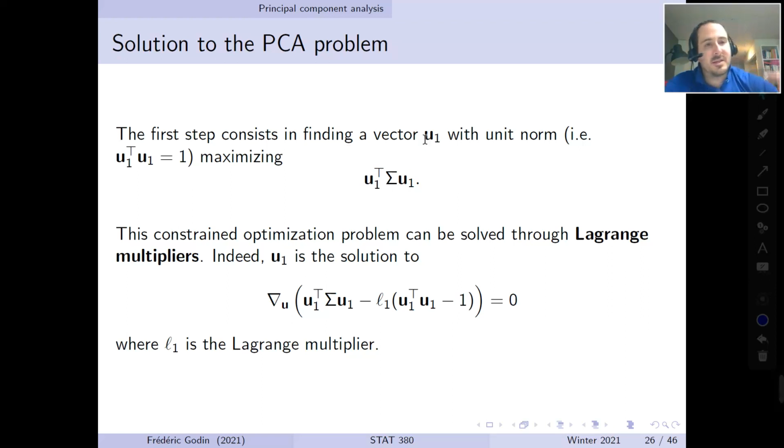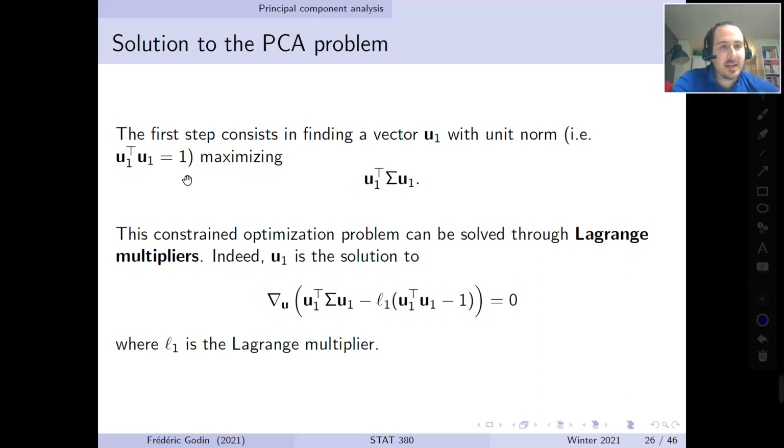For the first iteration, we haven't identified any other vector yet, so for the first vector U1, there's no orthogonality condition. The unit norm constraint can be expressed as follows: U1 transpose U1 is equal to 1.